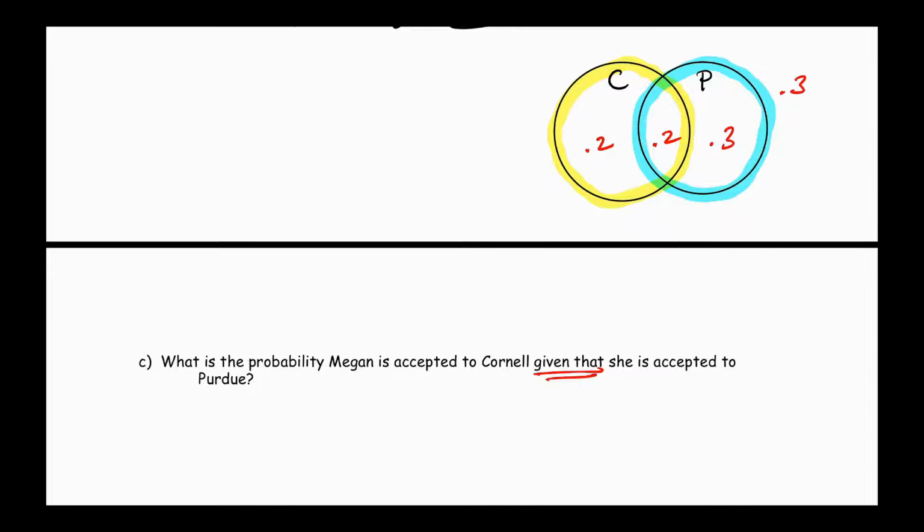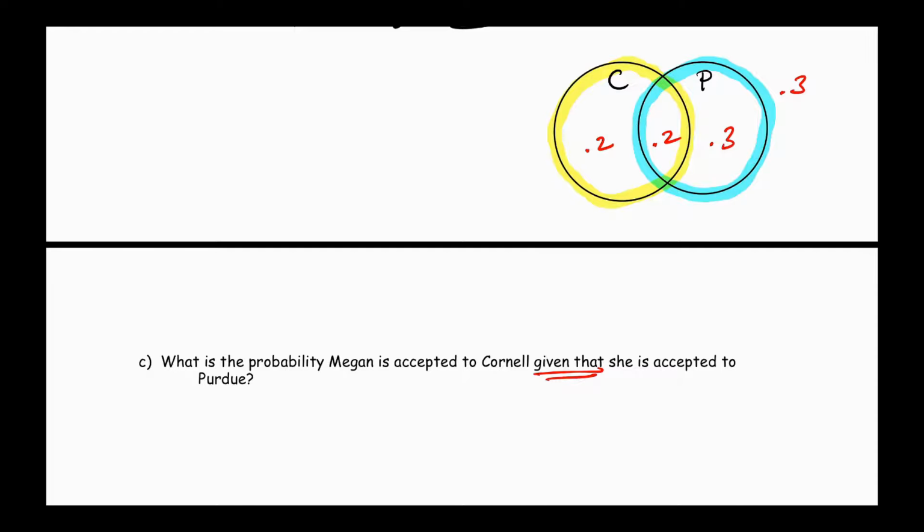That's your key that you're going to use the formula with the given that symbol, the line in the middle. Anytime you say given that, or they say something happened in the past, that's your key there. So what is the probability Megan is accepted to Cornell given that she's already been accepted to Purdue? Purdue already happened.